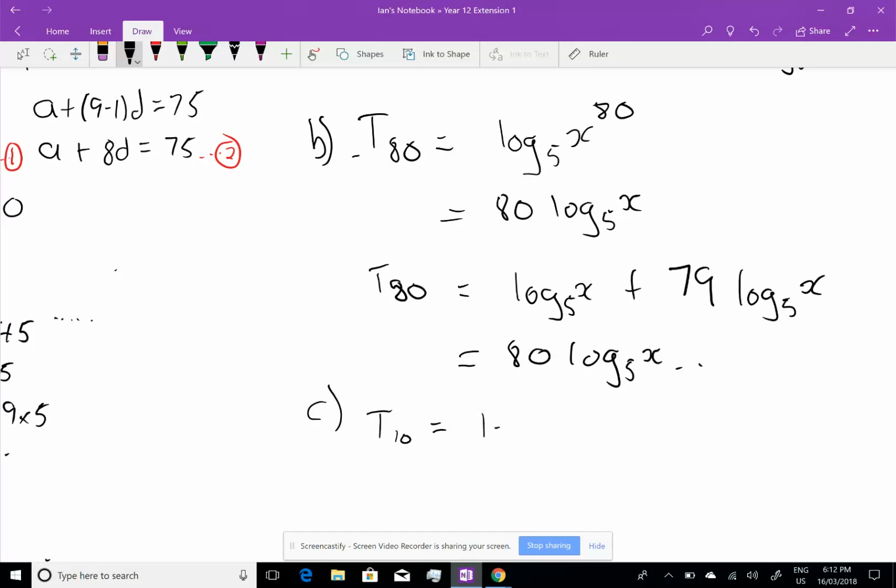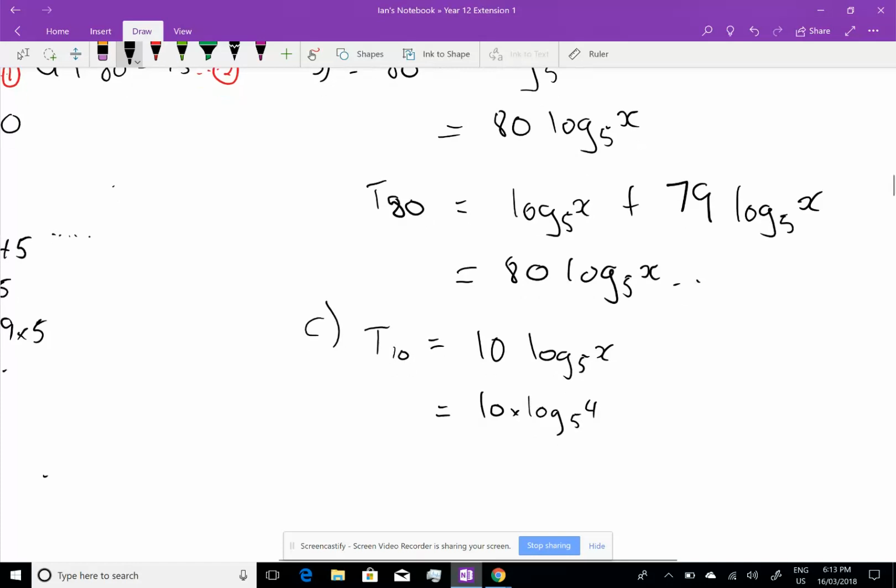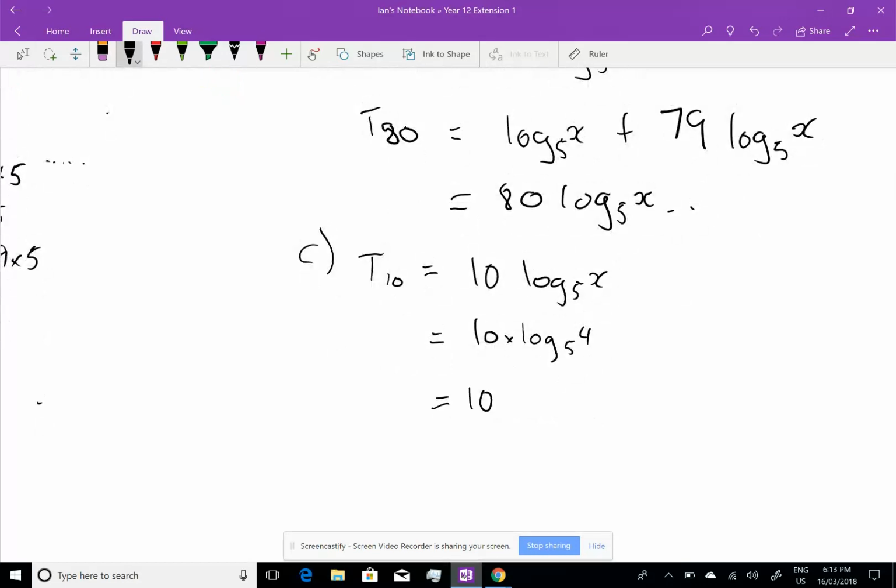The 10th term is 10 log 5x, but x equals 4, so you get 10 times log to the base 5 of 4, and from our change of base we get 10 times log 4 over log 5, and because I've typed log, that's just log to the base 10 on my calculator.